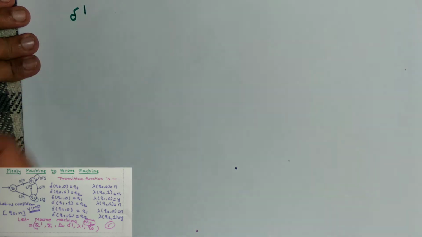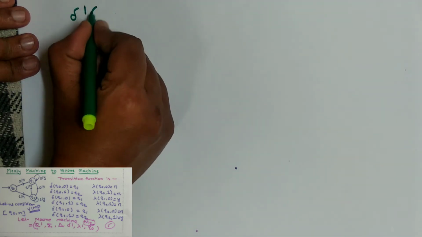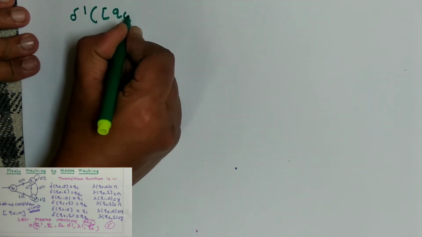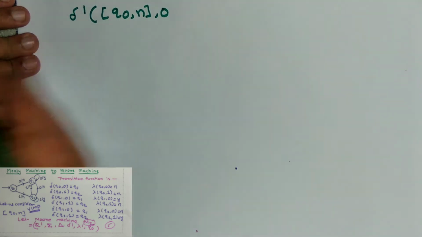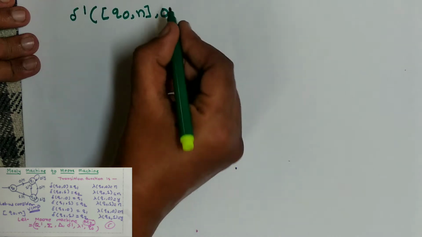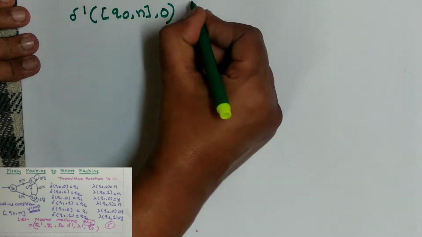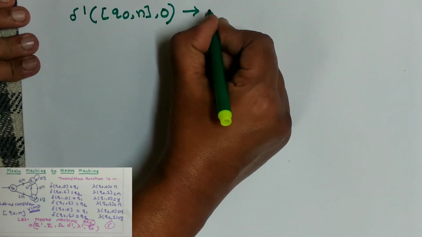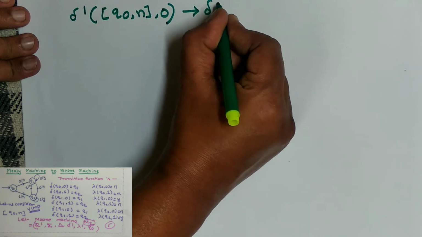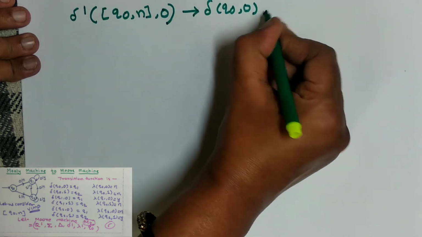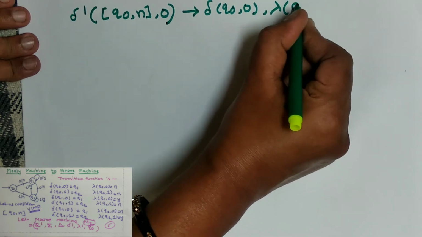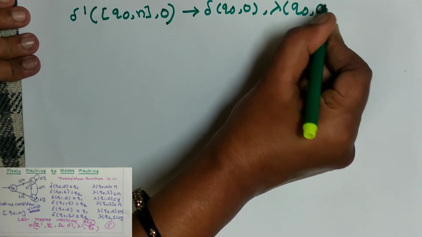Delta dash of Q0, N over 0. It can be split in this manner: delta of Q0, 0 with lambda of Q0, 0.